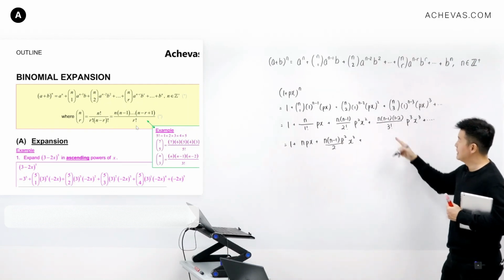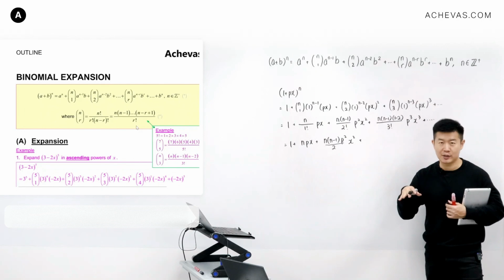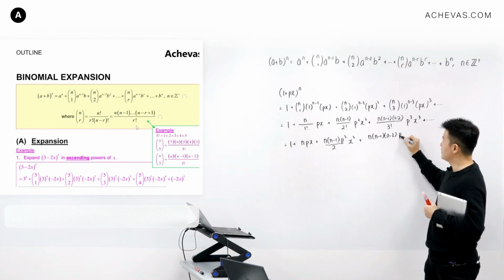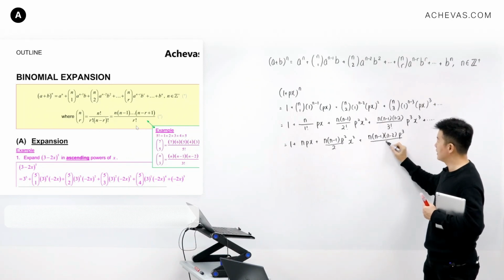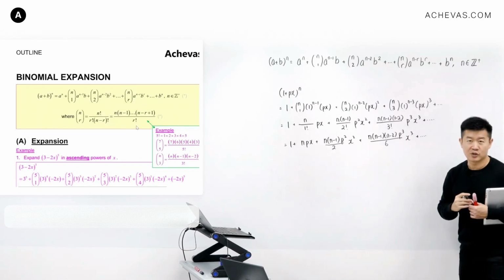Then plus 3 factorial. 3 factorial is 3 times 2 times 1, which is 6. So what we have here is n minus 1, n minus 2, p to the power of 3 divided by 6, then x to the power of 3, and so on.